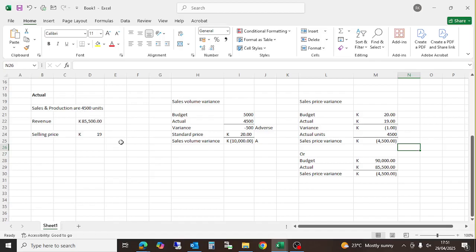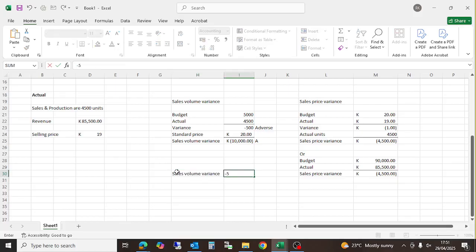Okay, so that's the sales volume variance and the sales price variance. And now the main event, the sales volume contribution variance. What we do when we are calculating the sales volume contribution variance is we first define the sales volume variance, which is negative 500.